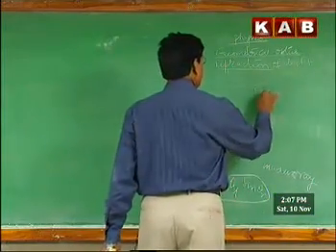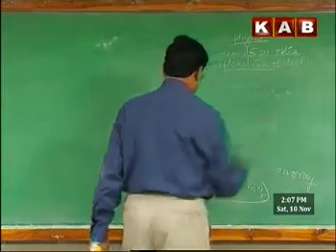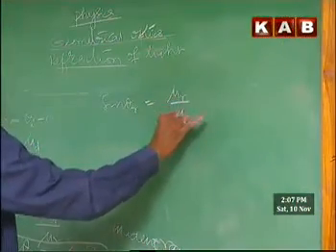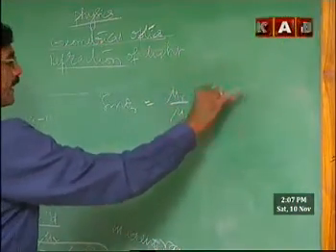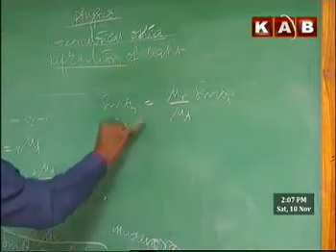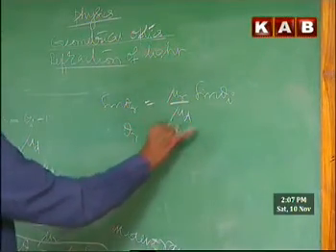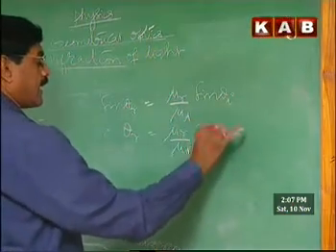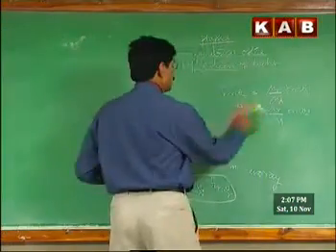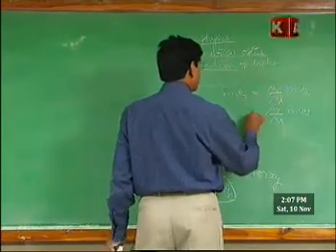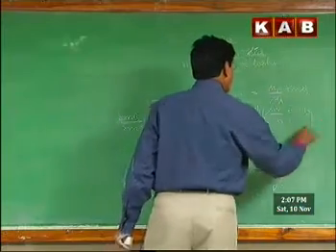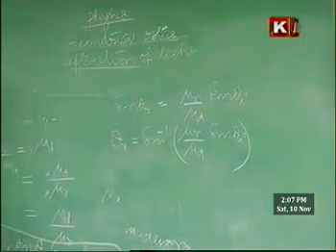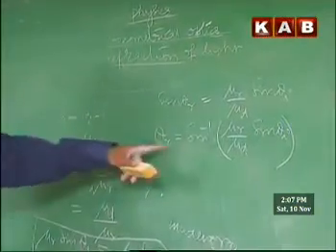Therefore sin theta r is equal to mu r by mu d into sin theta I. Therefore, theta r is equal to sine inverse of mu r by mu d sin theta I. Sine inverse of mu r by mu d sin theta I is theta r.